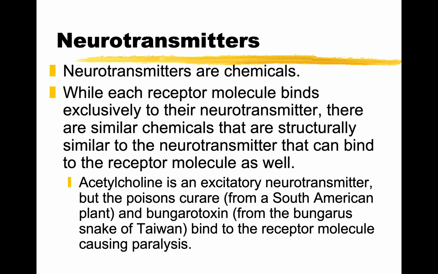paralysis. Now, normally, acetylcholine allows you to move your muscles, allows you to move around, but curare, of course, binds to those receptor sites, and now the acetylcholine can't allow those muscles to move. The bungarotoxin, the poison that the bungaroo snake of Taiwan injects into the individual, inhibits those receptor sites, and now the individual is paralyzed.